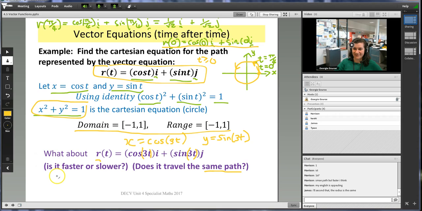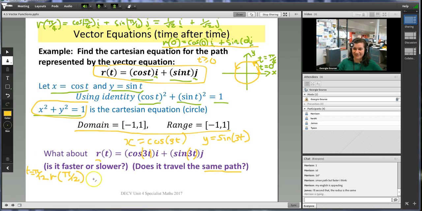What about if I put in, into this new version, r of pi on 12? Where is this particular projectile or object going to be at t equals pi on 12?